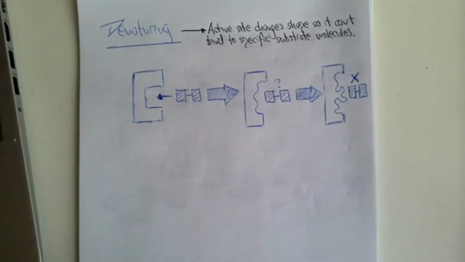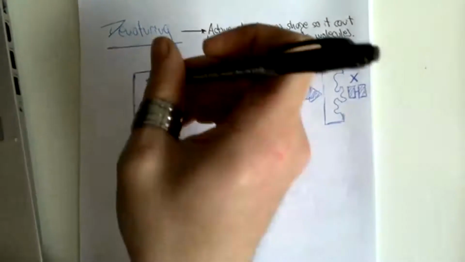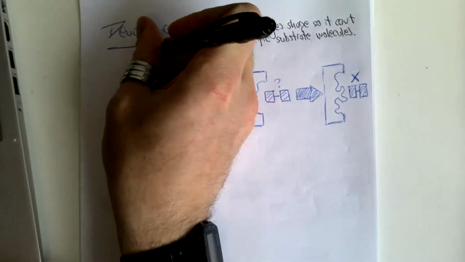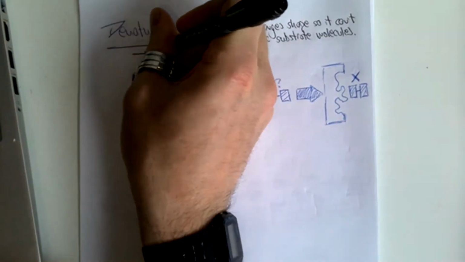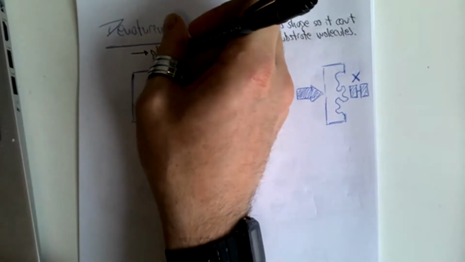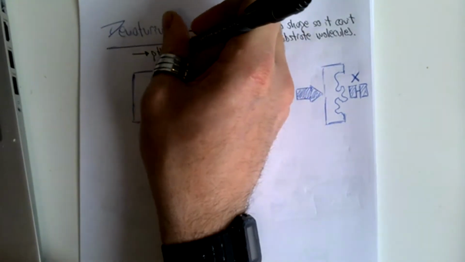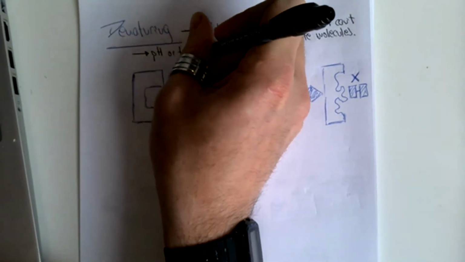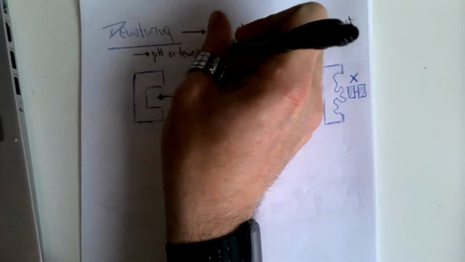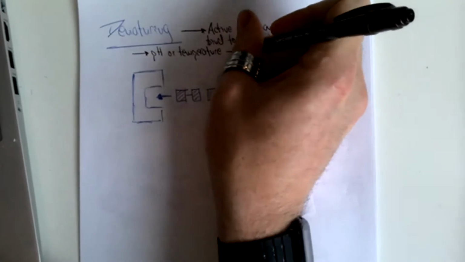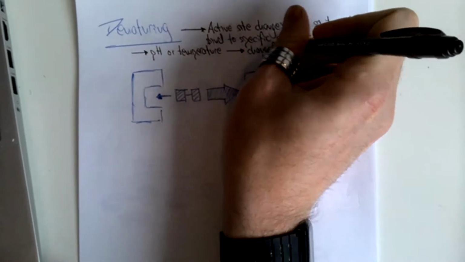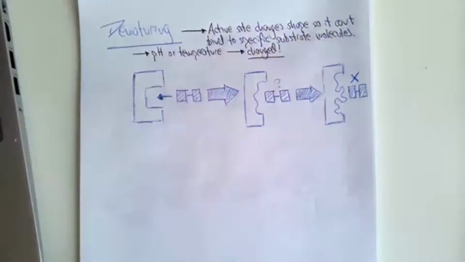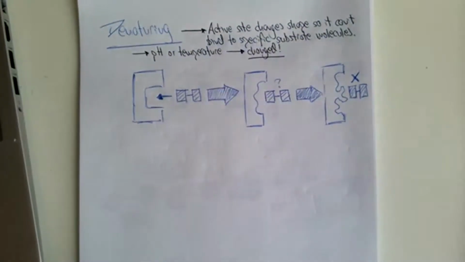So this is called denaturing, and this is often when enzymes are put into conditions where the pH or temperature surrounding them in their environment has changed. So pH and temperature can often have a major impact on the shape of an enzyme's active site.